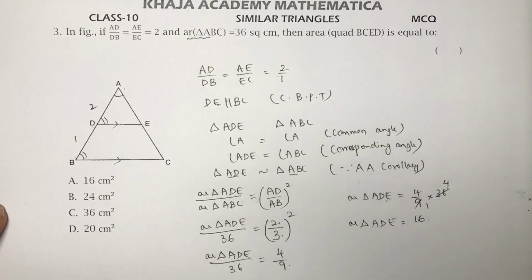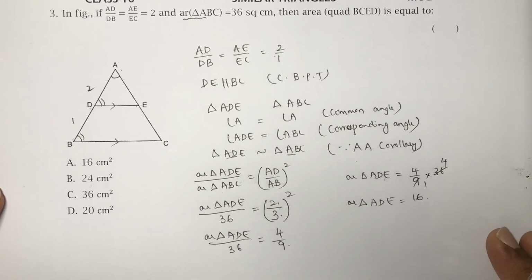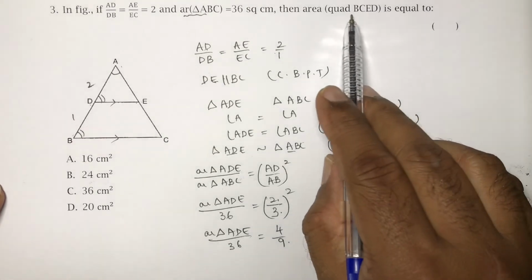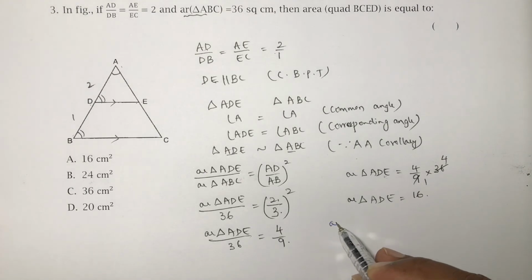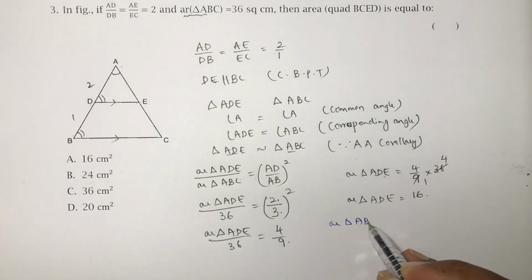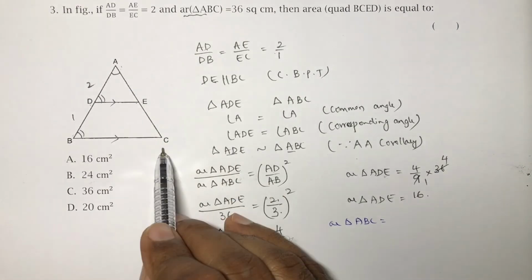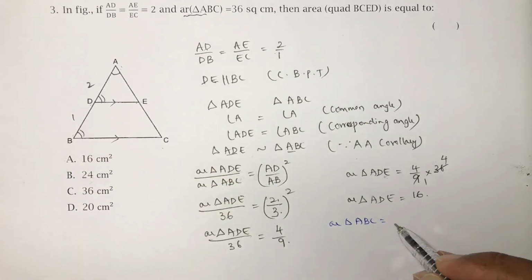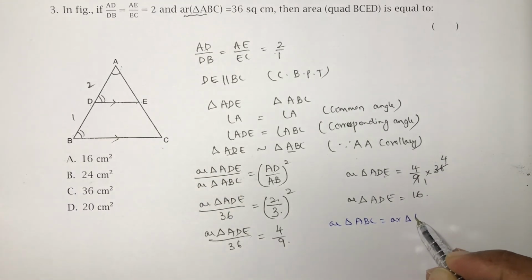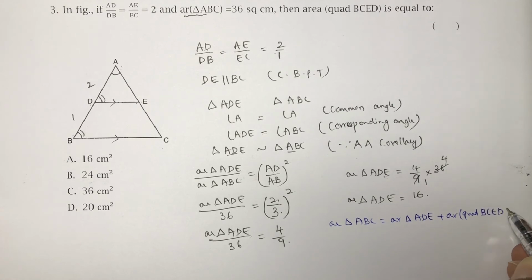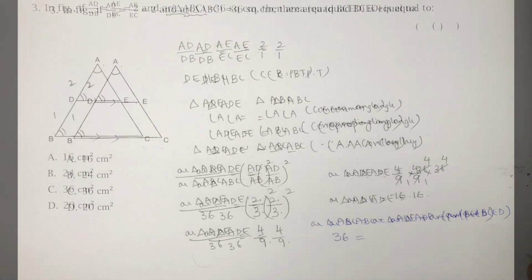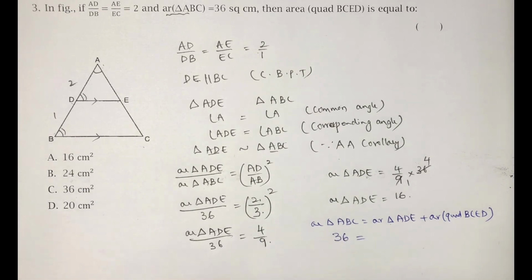But they are asking the area of quadrilateral BCED. Now see, area of triangle ABC, the big one, is area of triangle ADE plus area of quadrilateral BCED. Area of triangle ABC is 36.